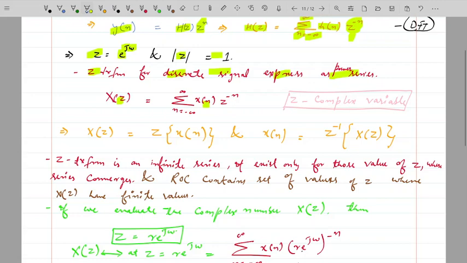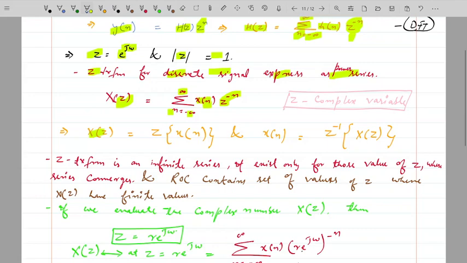X of z means the value of the Z transform is stored in X of z, which is equal to the summation of n from minus infinity to infinity of x of n, the discrete signal, multiplied by the complex variable z to the power minus n, which has real and imaginary components. This is the procedure for finding the Z transform.